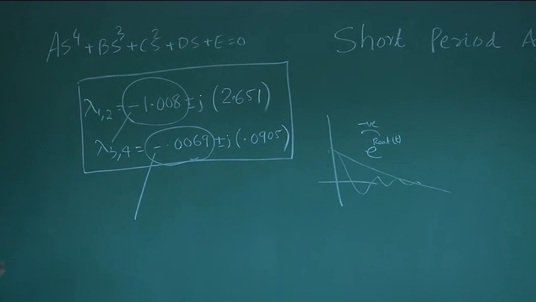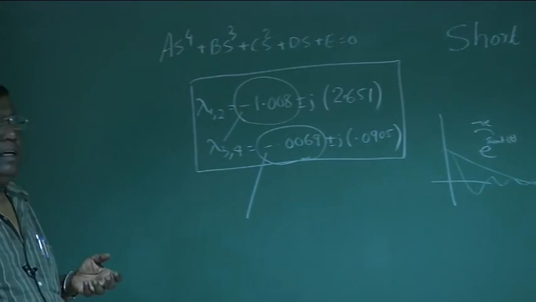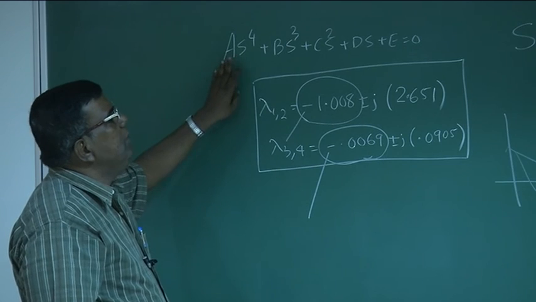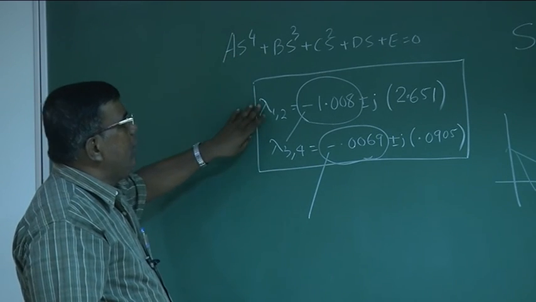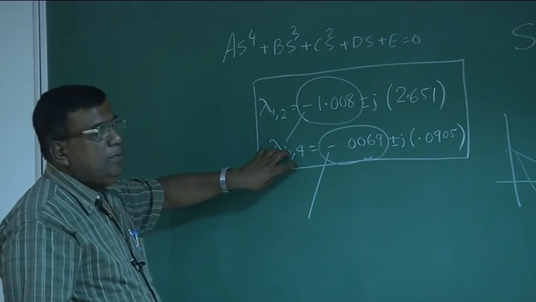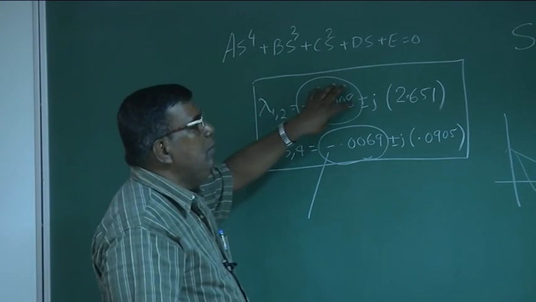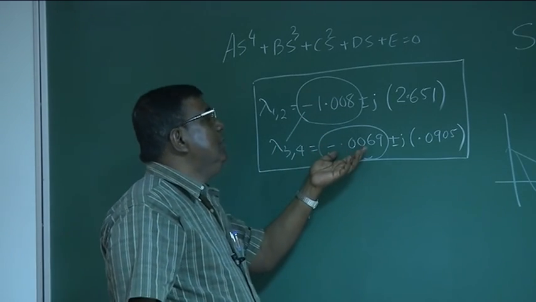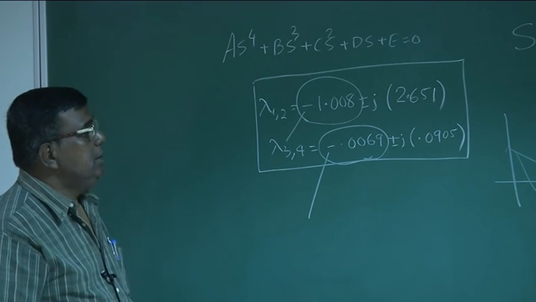What we have seen mostly for a business type aircraft is that the solution of this equation will result in two pairs of complex conjugates, λ1, λ2 and λ3, λ4, and in one pair the real part will be largely negative, larger than the other roots' real part.